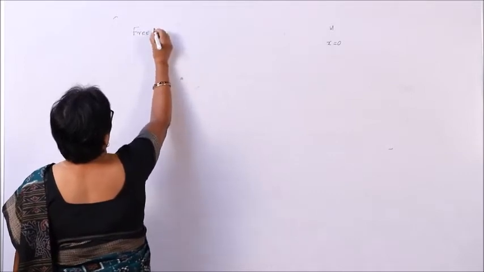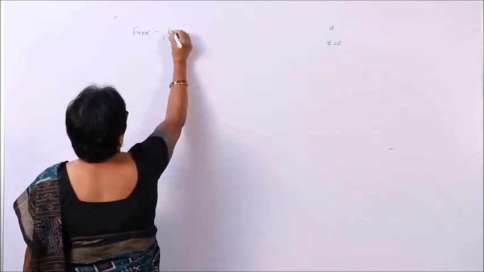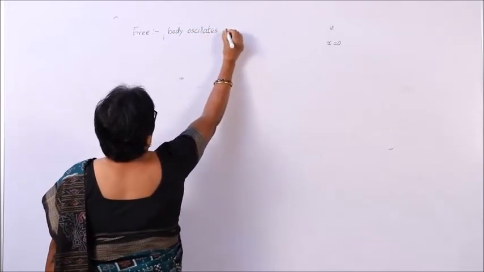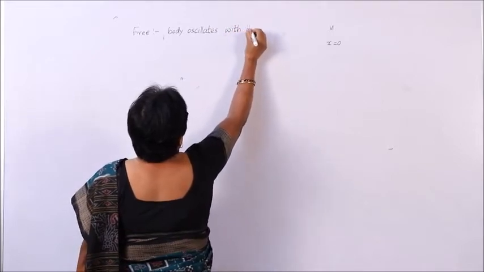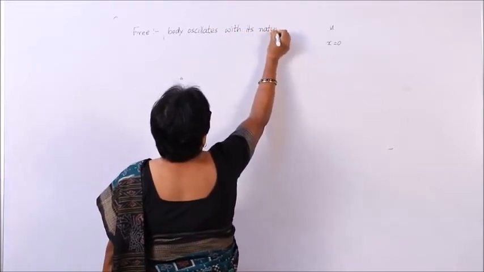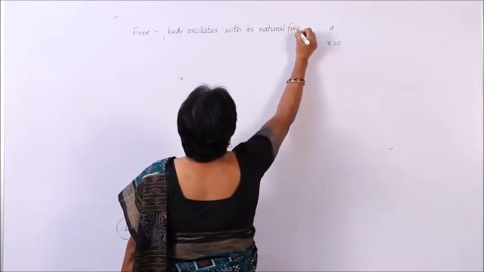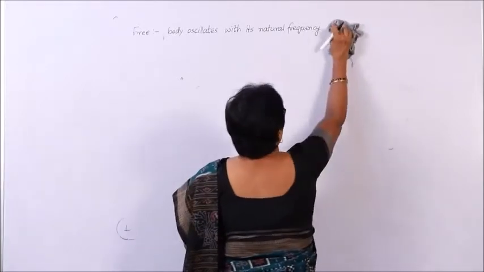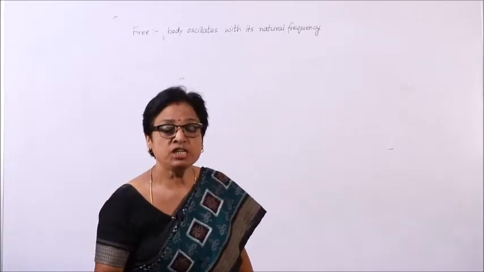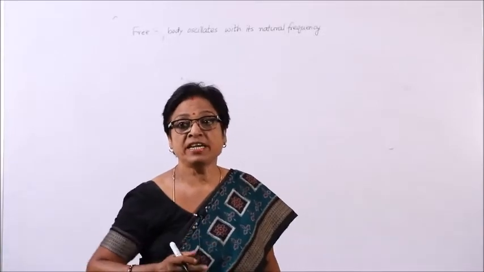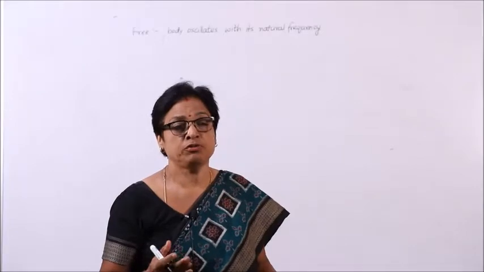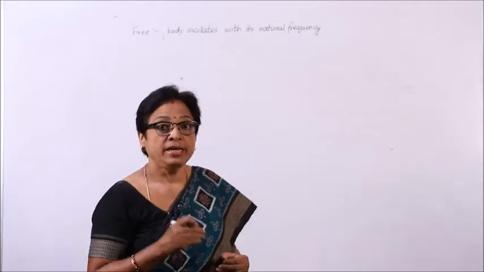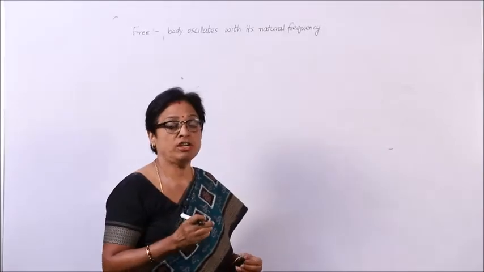Free oscillation means when a body oscillates with its natural frequency. It is not oscillating due to someone else. It is not oscillating by a driven force. There is no driven force. There is no other oscillating body which is trying to oscillate it. So, in that case we say that it is a free motion or a free oscillation.